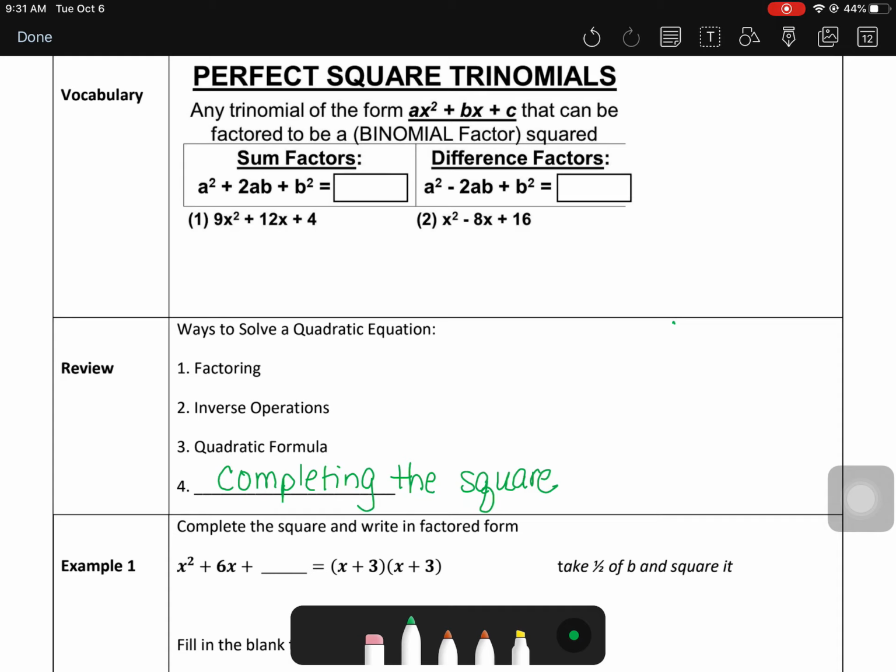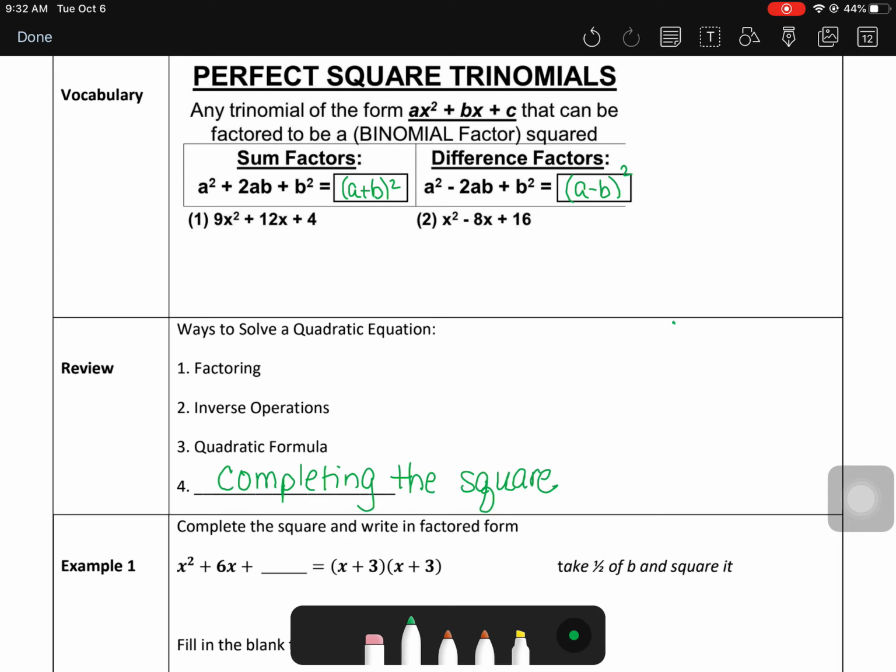Now, when we're talking about factoring, which we're going to do again shortly, if we are doing factors, that's what do we multiply to get our product or our answer when we multiply. When we have a sum factor and a difference factor, we're looking at these being perfect squares.